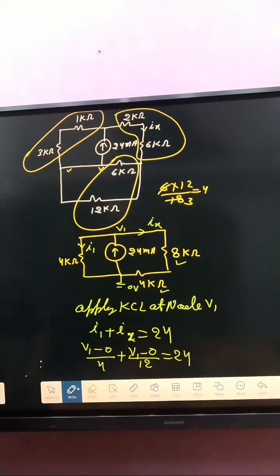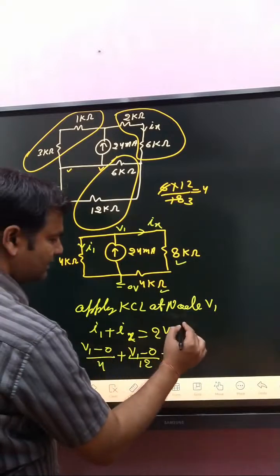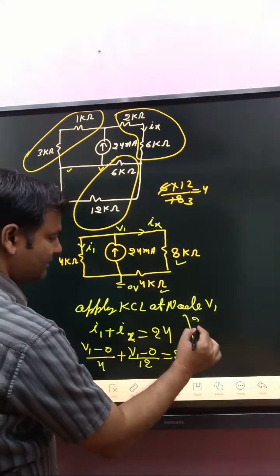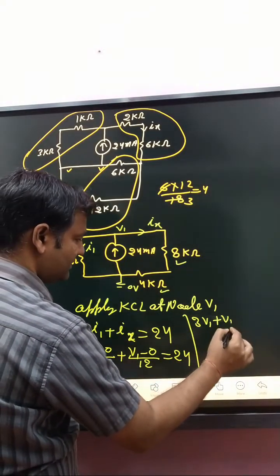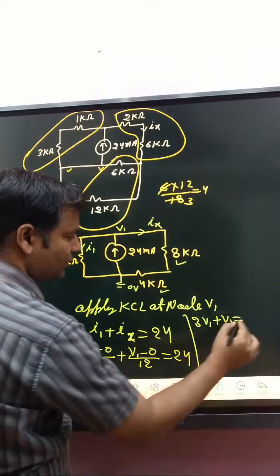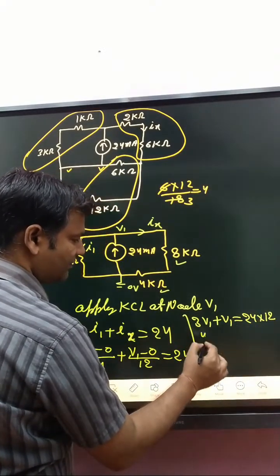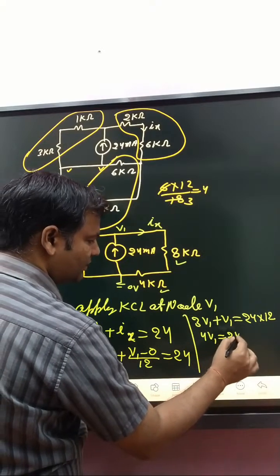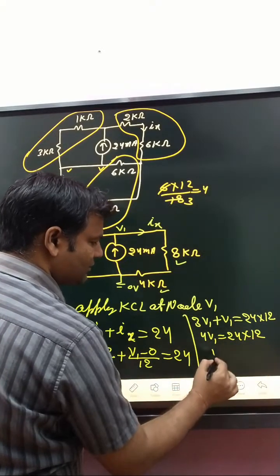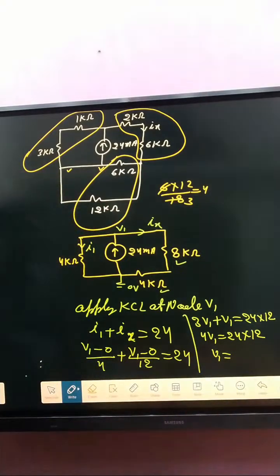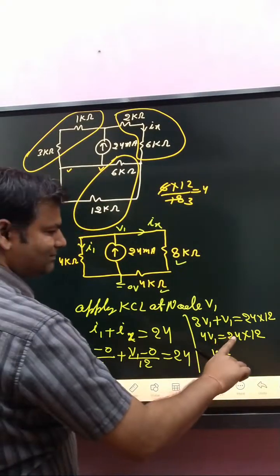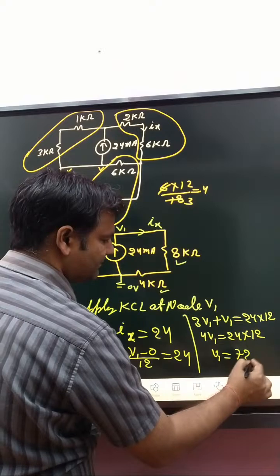Okay. Take LCM. Here, that is 3V1 plus V1, this will equal 24 into 12. So 4V1 equals 24 into 12. So what about V1? V1 is 72 volt.